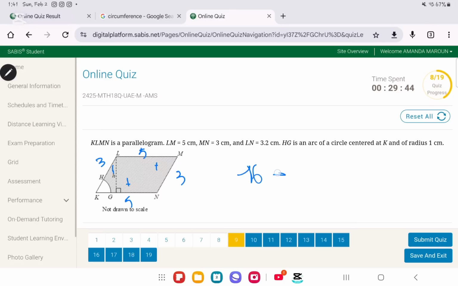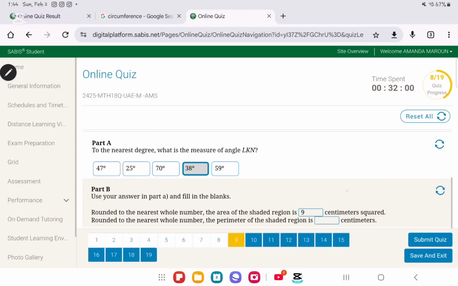Now we are going to subtract 16 from the perimeter of this circle or this arc. Very simply, what I did, I took the total perimeter, which is 5 plus 3 plus 5 plus 3, which is 16, and I subtracted it from the radius of the circle, which is 1, to get an answer of 15. So it is 15 centimeters.